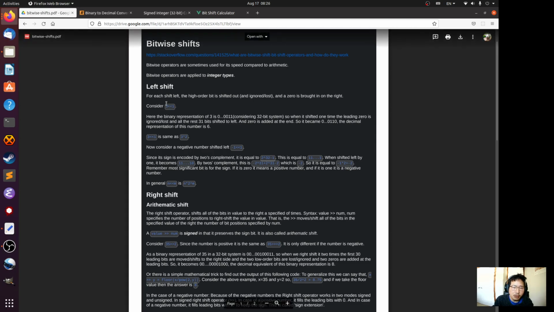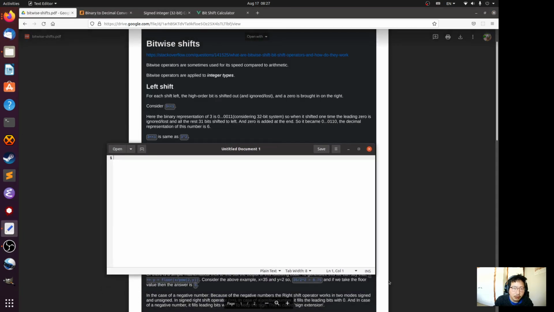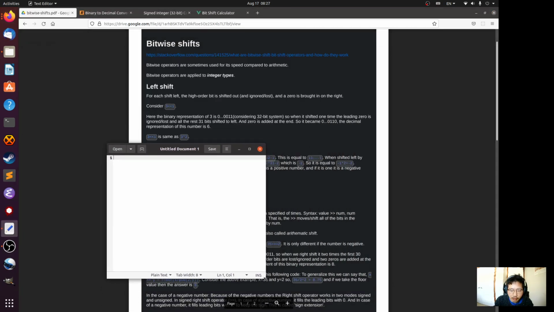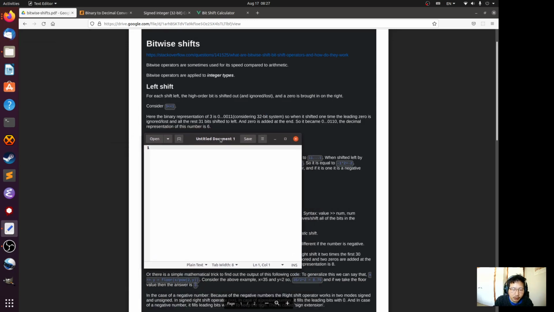Let's consider this example. 3 left shifted by 1. 3 in binary is this.